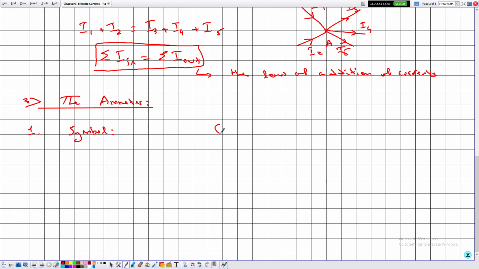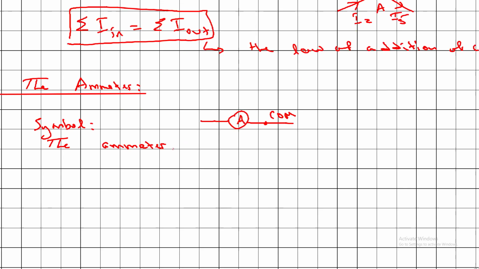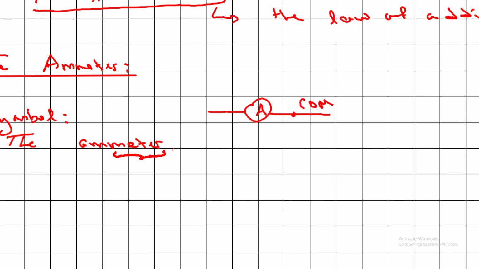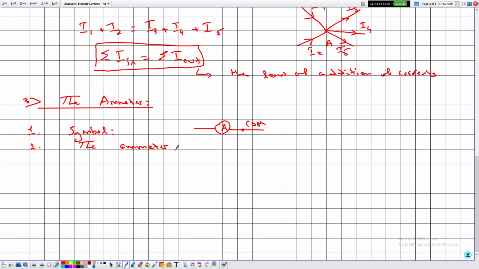The ammeter carries the label A, and one of the terminals is labeled by COM. Now idea number 2: from its name, meter indicates an instrument that measures.